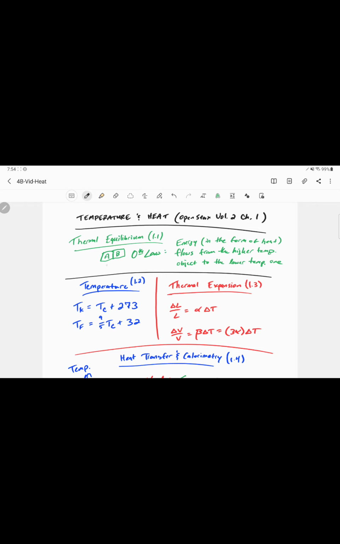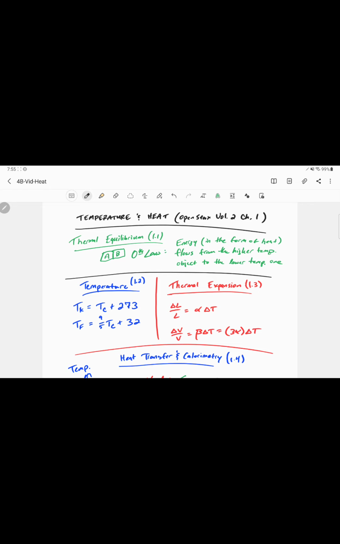So, which way does energy go? Does it go from A to B or does it go from B to A? And remember, this is not work, so it's not something forcing something else. It's not a force times a distance, which was work. This is just because of a temperature difference. We intuitively know kind of what temperature is. You touch something, it's hot. You touch something, it's cold. If you put those two things next to each other, energy is going to flow from the hot thing to the cold thing.